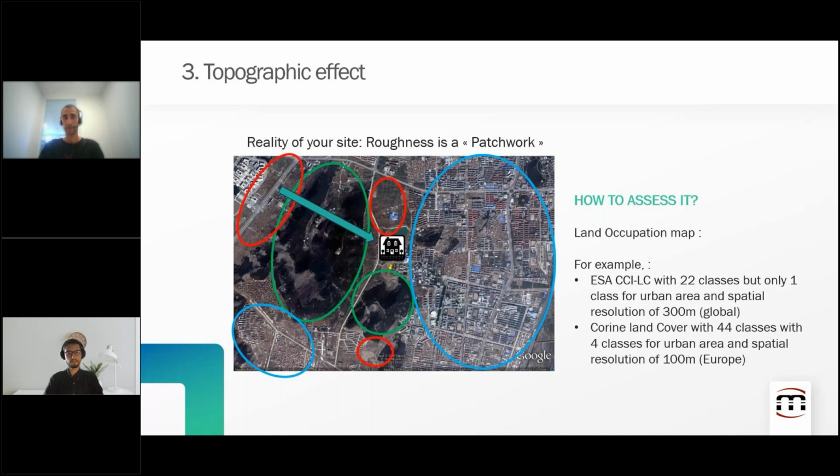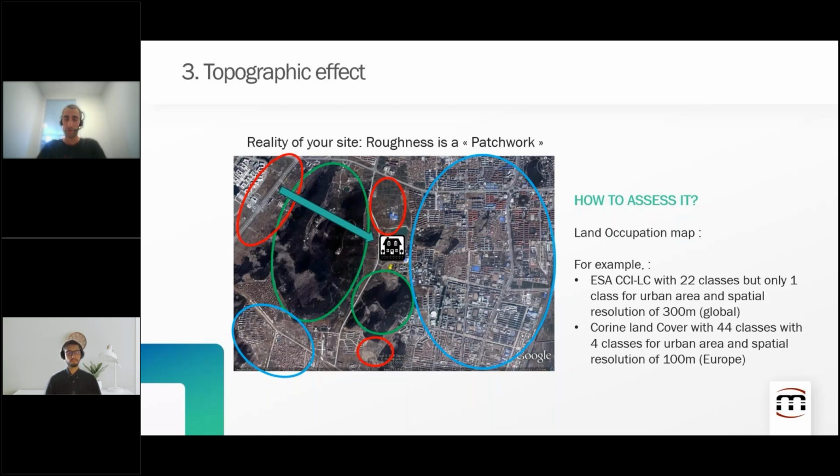And the second thing is how can I get an idea of the roughness value of my land occupation. I've provided some classes, but you could have more classes. I'll give you two examples of land occupation maps.